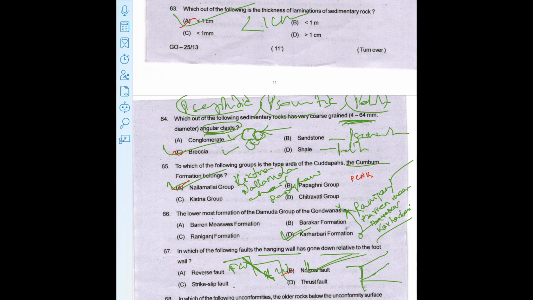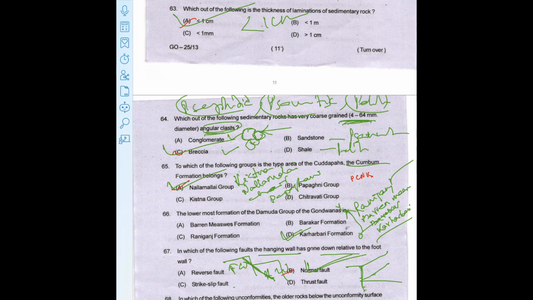In which of the following unconformities is the older rock below the unconformity surface usually of plutonic origin? It is in case of non-conformity, because the igneous rock is associated with the non-conformity. In case of disconformity, we have sedimentary layers which are parallel to each other.